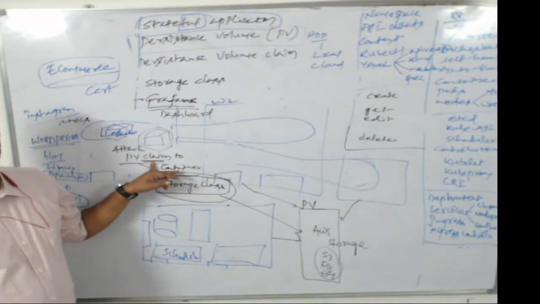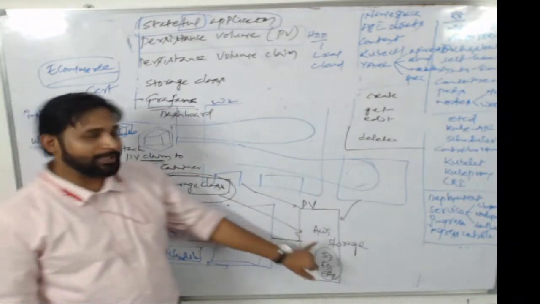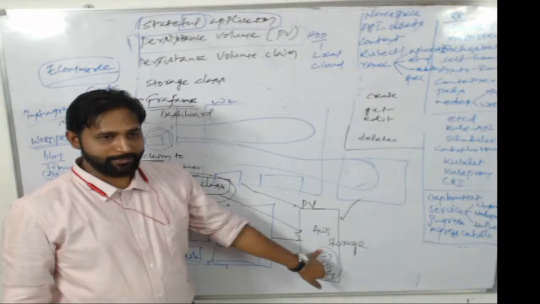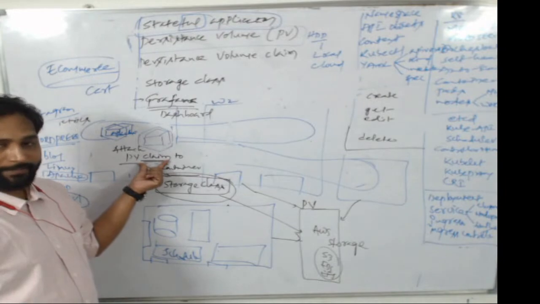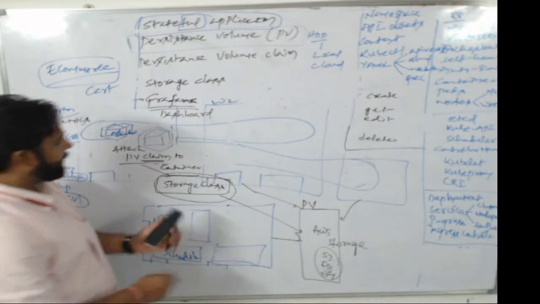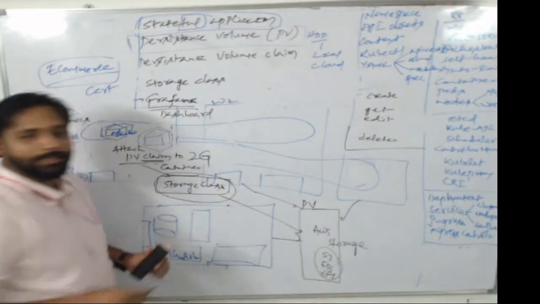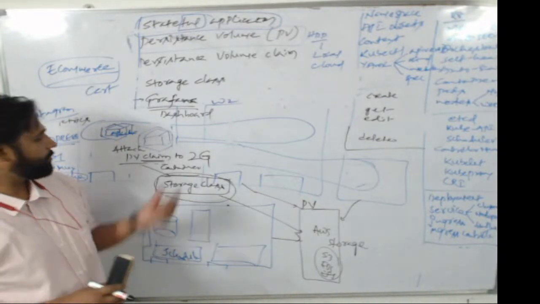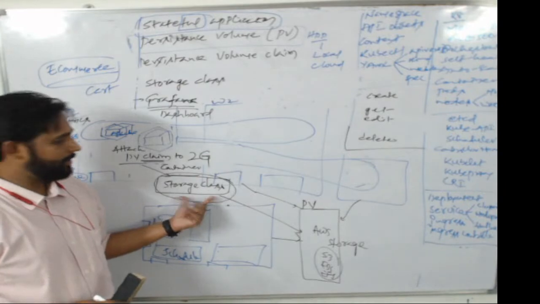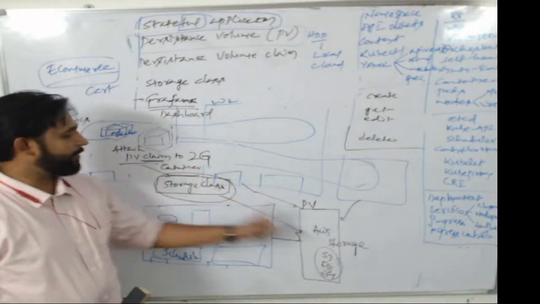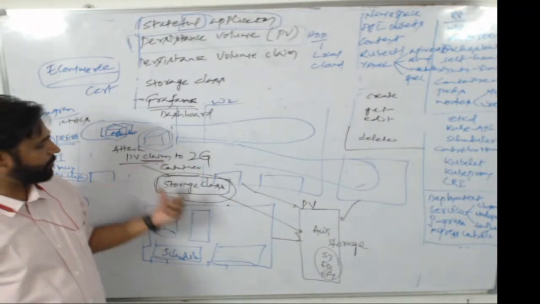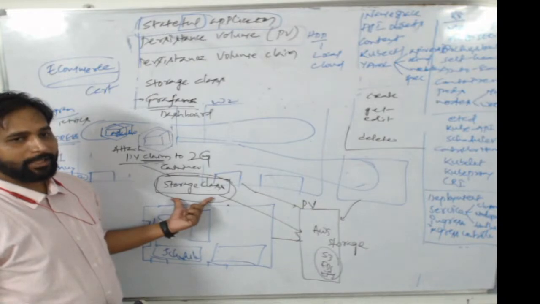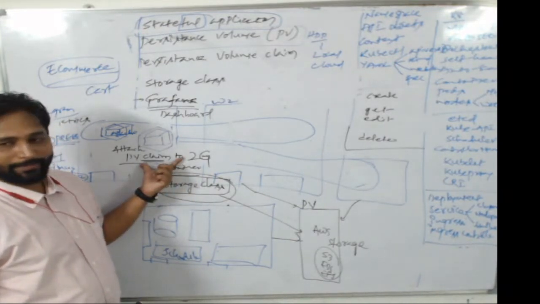Okay, everything seems in order, you can get your persistence volume. Then it goes to the storage provider or the persistence volume and allocates whatever is in the claim. Let's say the claim says you are eligible to get 2 GB of storage. So the storage class allocates 2 GB from the persistence volume to this container or pod. So the storage class is the middleman, or the object that executes the claim.